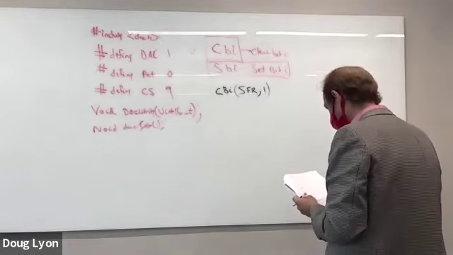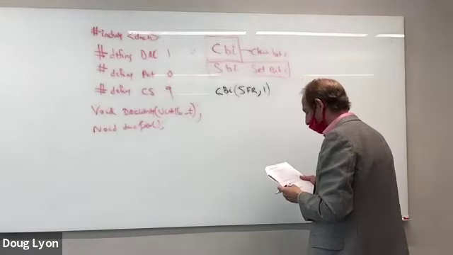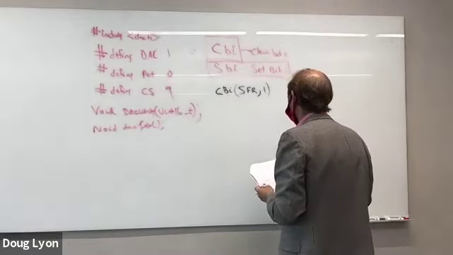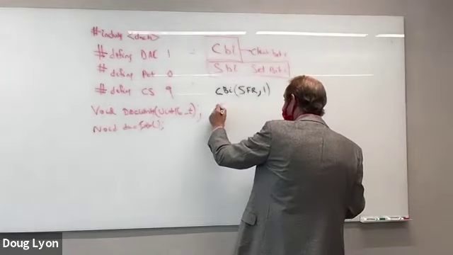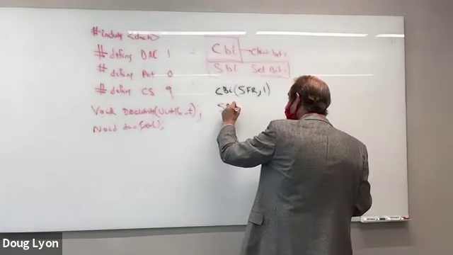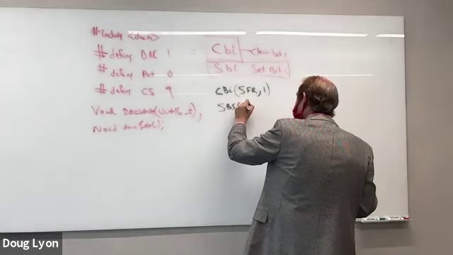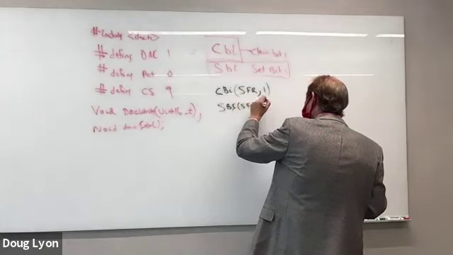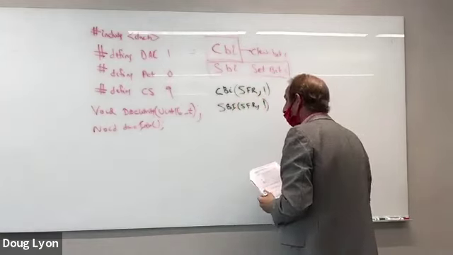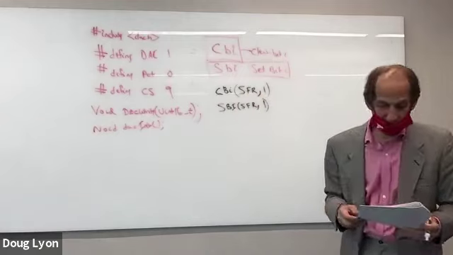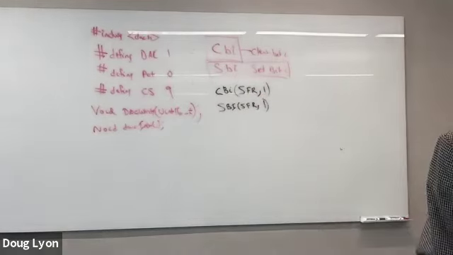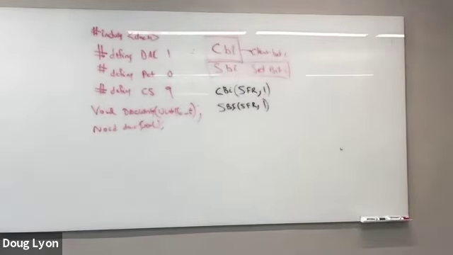It gets invoked directly and it will essentially clear a bit. You can do SBI, SFR, 1, and that's going to set bit 1. So CBI and SBI will allow you to flip bits either on or off. So that's kind of convenient. And that's the answer to question 15.